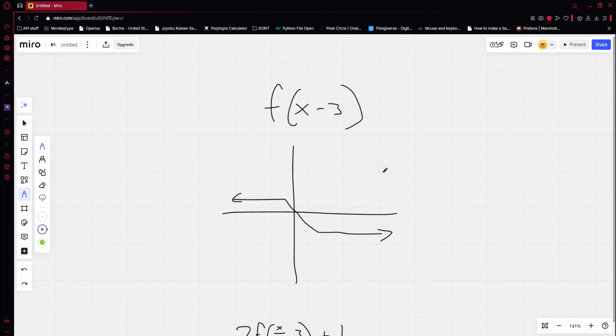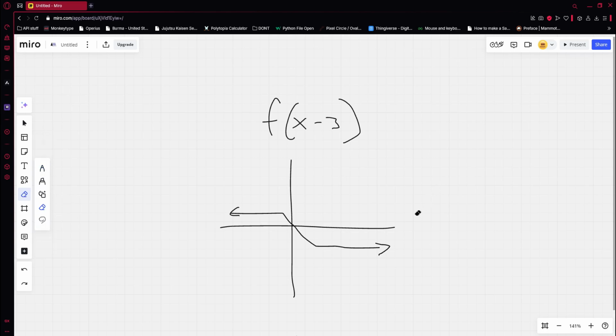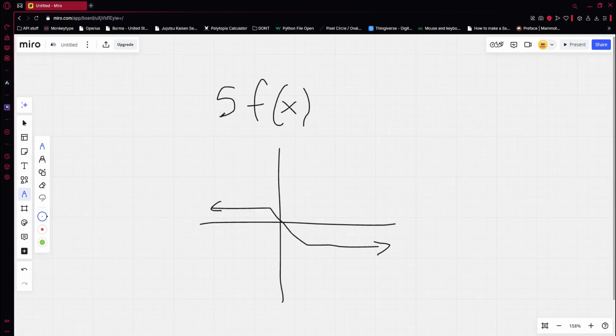So our third type of alteration is going to be a vertical dilation. Vertical dilations are on the outside. So let's say 5 times whatever's in the parentheses. In this case, whatever the answer is, we multiply it by 5, which gives us a really amplified version of the function.